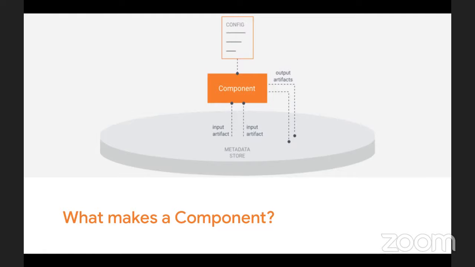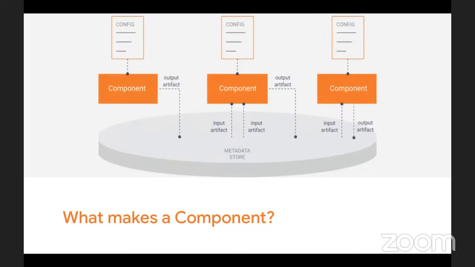The component does what it does, and then the result is placed back into metadata for other components to use. When it reads from metadata, it reads over an input channel. So you'll see that abstraction when you start developing components. And similarly, when it writes out to an output channel. So that's how components communicate with each other.